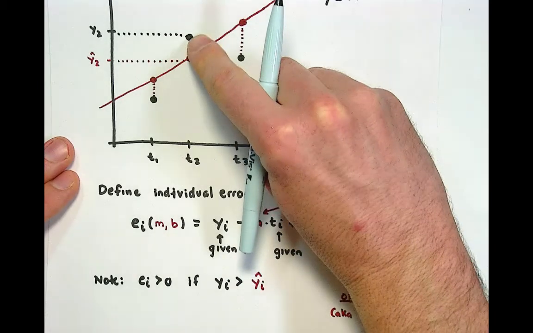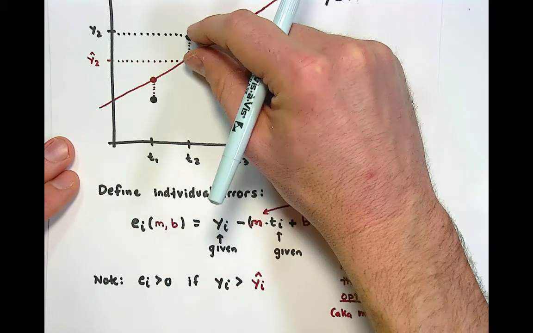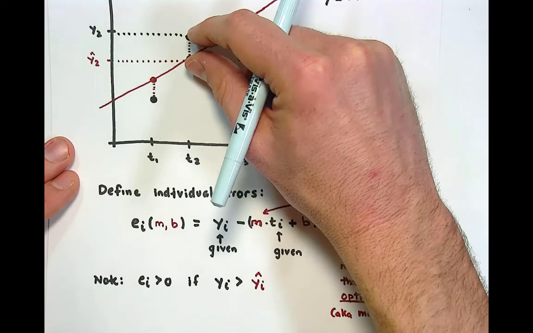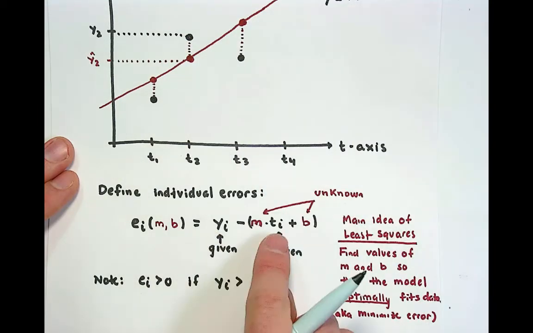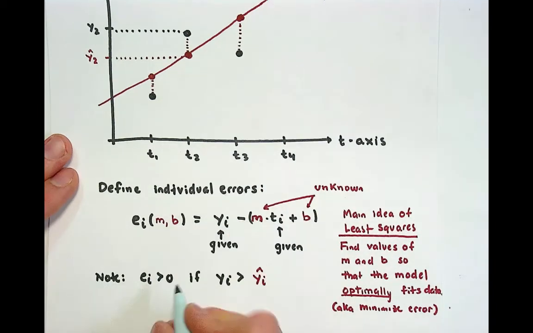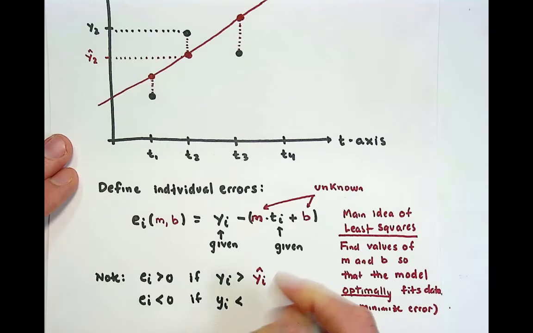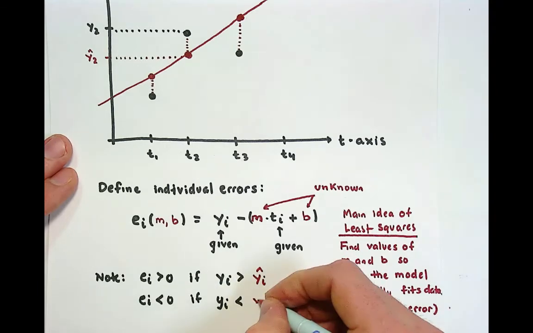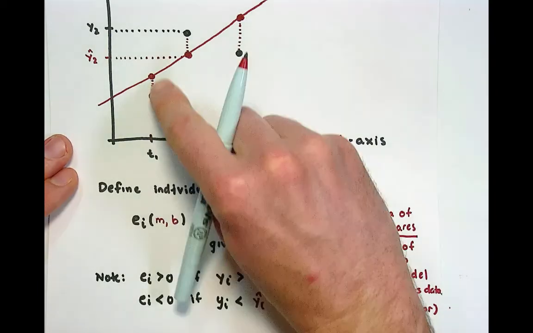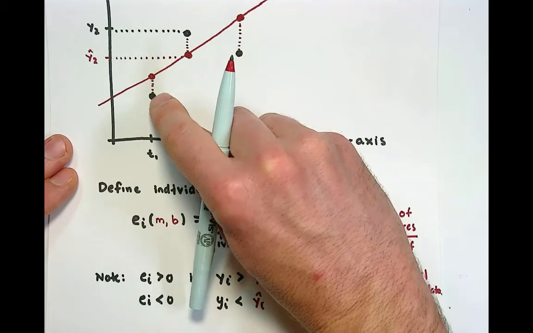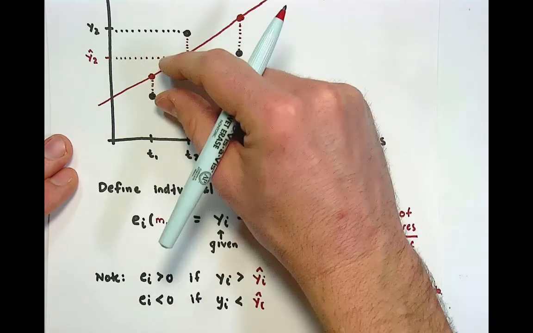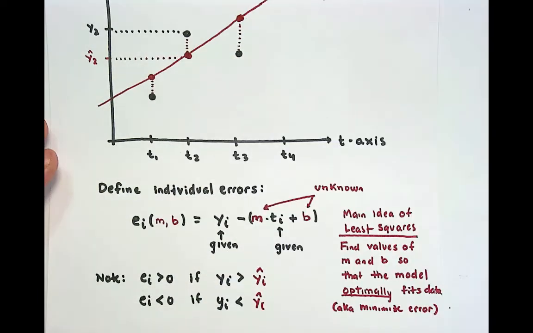The collected output lies above this, so this error right here is a positive number because we're subtracting the modeled value away from the other one. But it can also be negative. And this happens when the collected data lies below the modeled data, which is exactly what's happened here, right? The collected data point lies below this one, meaning this error is a negative. And we'll talk about why that's kind of an important observation in a bit.